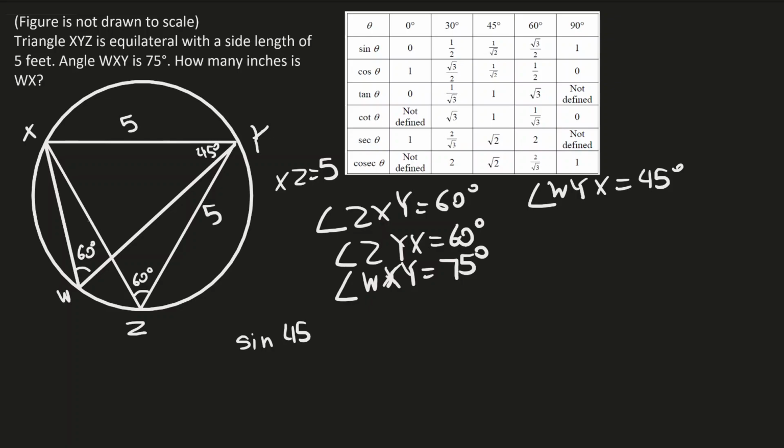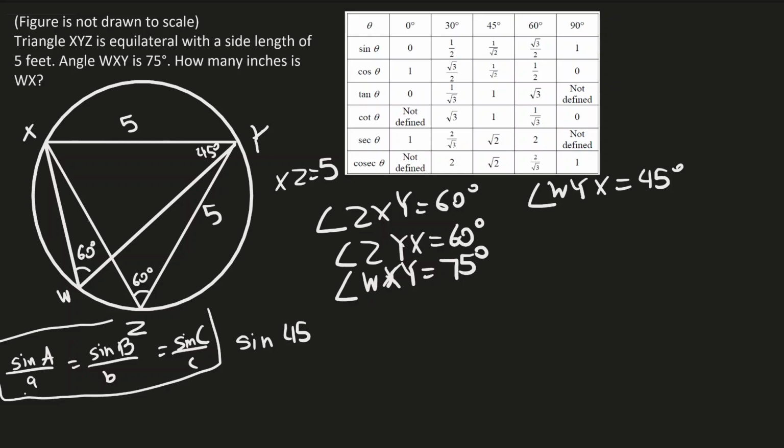Oh yeah, before I go to the law of sines, I just want to say that for any triangle, the law of sines is sine A over a equals sine B over b equals sine C over c. And a, b, and c are the side lengths of the triangle.